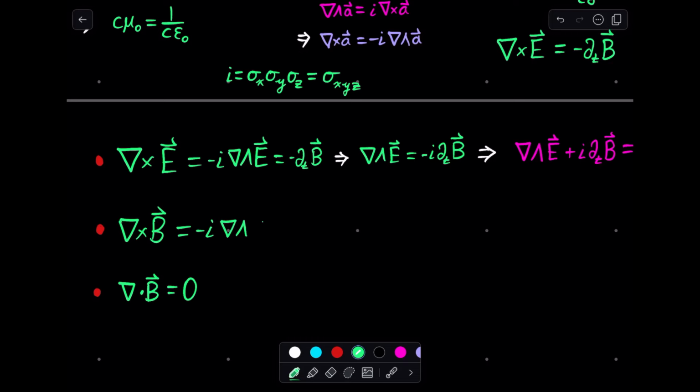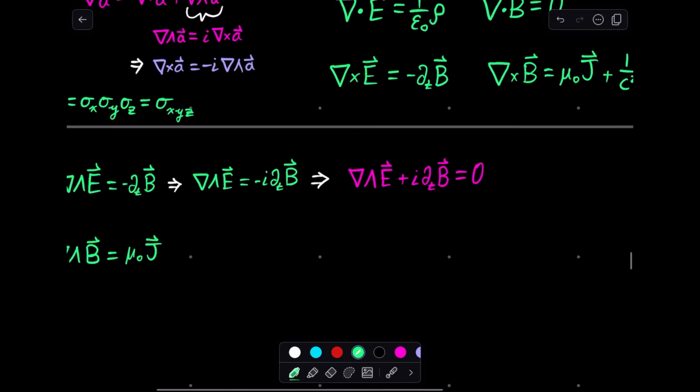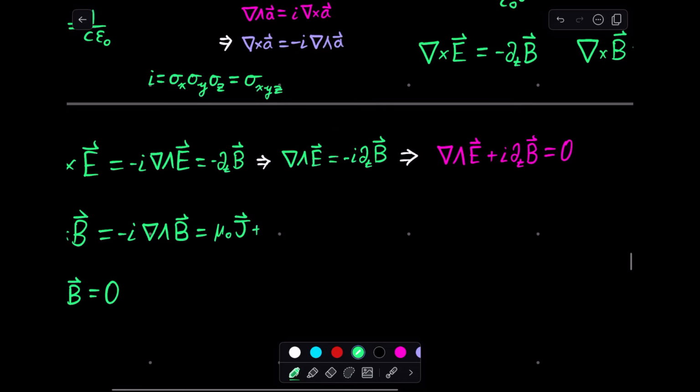We have wedge curl of B is equal to mu naught J, and then plus 1 over c squared partial in time of E.